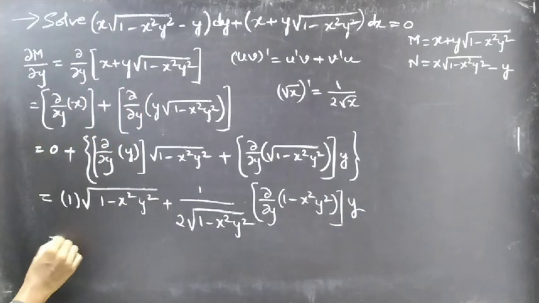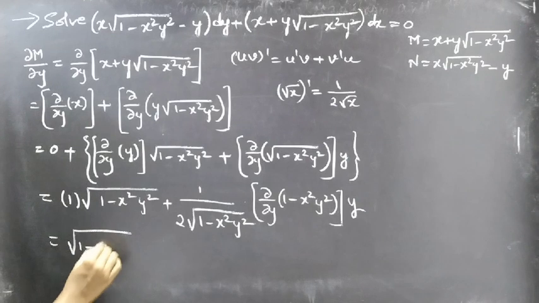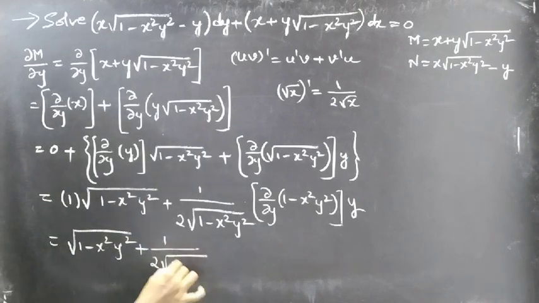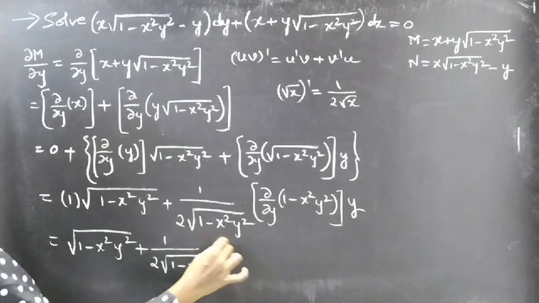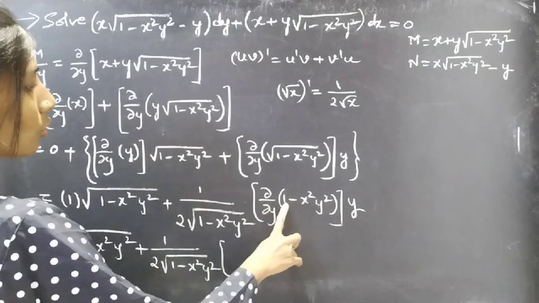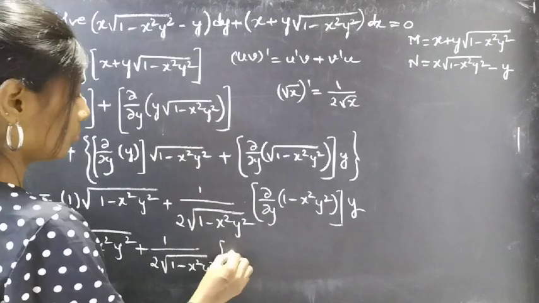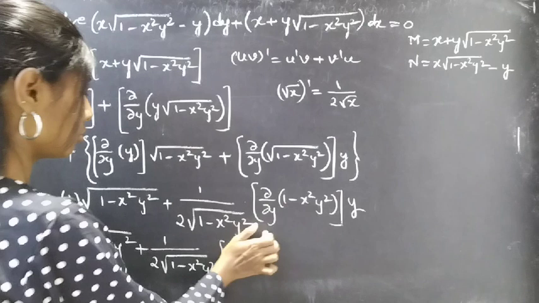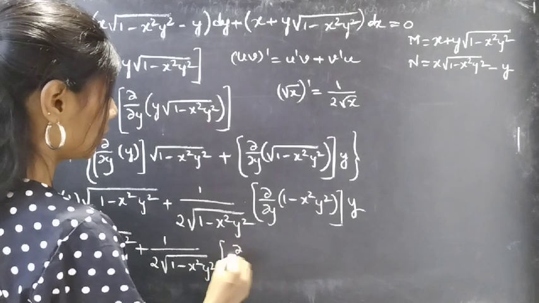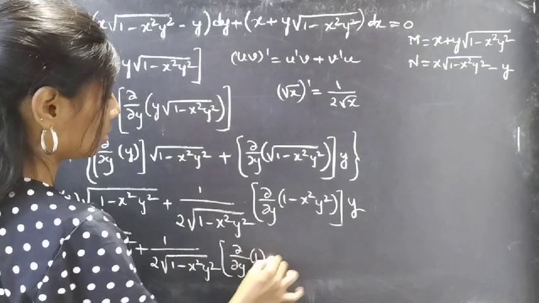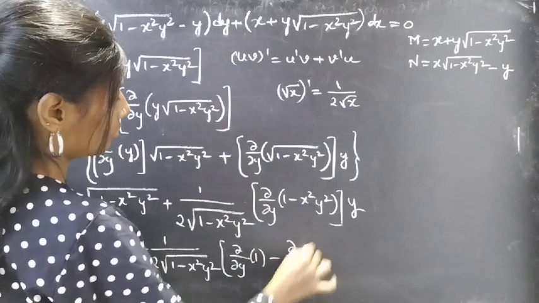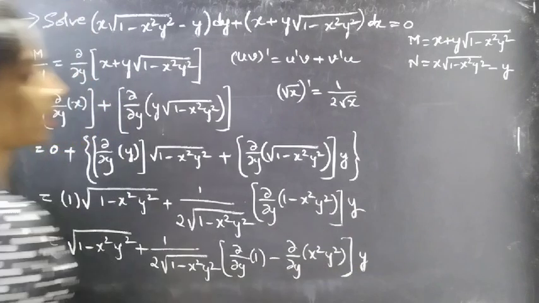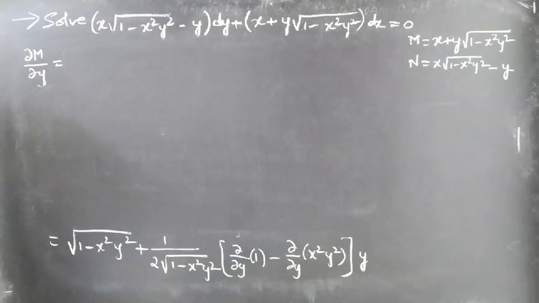This gives us square root of 1 minus x square y square plus 1 by 2 root 1 minus x square y square into the partial derivative of 1 with respect to y is 0 minus, we can go for one more step. We can write this as dou y of 1 minus dou y of x square y square into y.